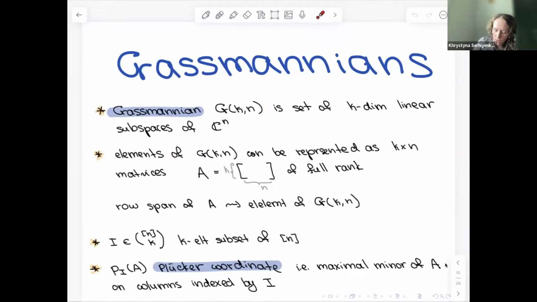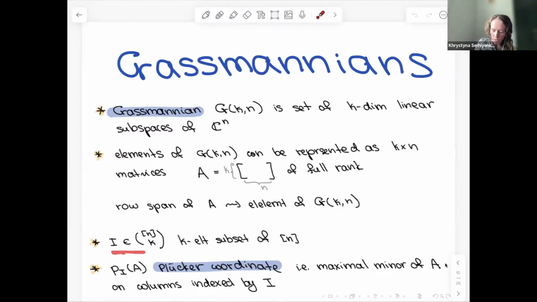As we've seen, we can denote the elements of the Grassmannian as k by n matrices, and I'm going to call such a matrix A. It has k rows and n columns, and the row span of A corresponds to the element of the Grassmannian, the k-dimensional linear subspace. So we want them to be full rank. And then there are functions on the Grassmannian called Plücker coordinates, which again we've seen in the previous talk as well.